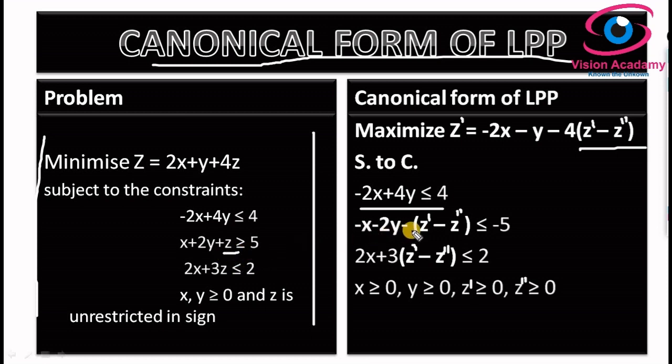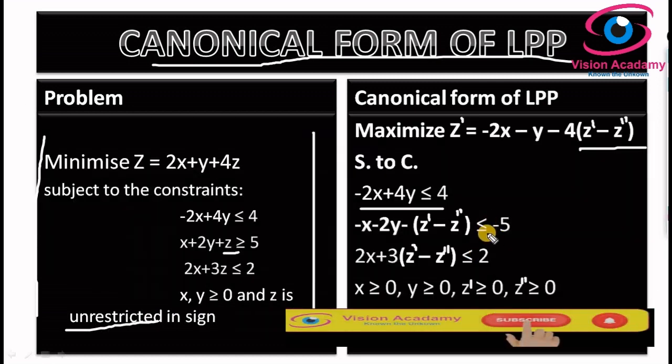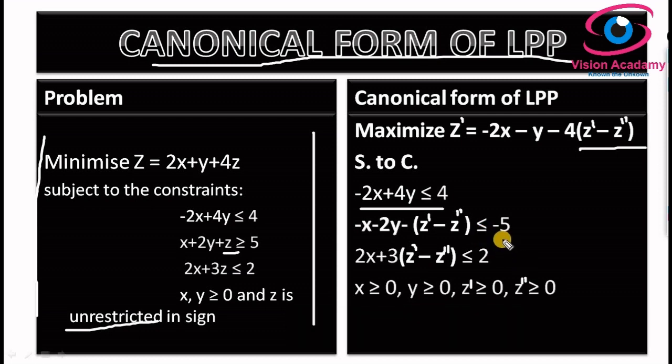In the place of minus z we have taken z dot minus z double dot, because it is restricted. In the problem it was unrestricted, we have restricted it, and it was greater than or equal to type, we have converted that into lesser than or equal to type. Even the right side value is also converted by multiplying by minus, giving minus 5.